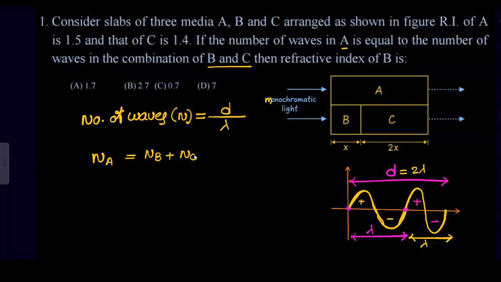Now tell me NA, the number of waves in A. The number of waves means total distance. How much distance is there from here to here?